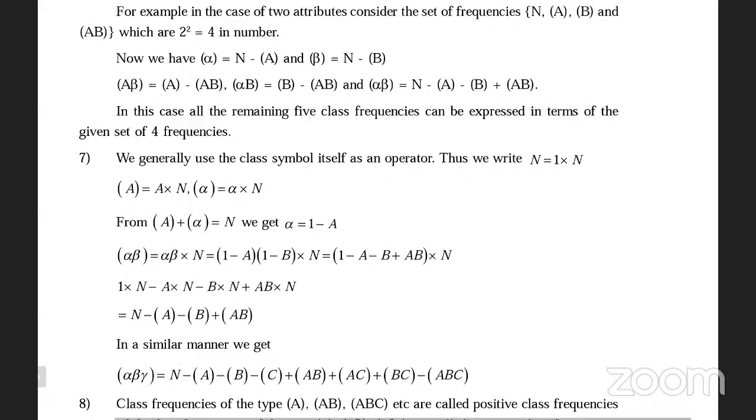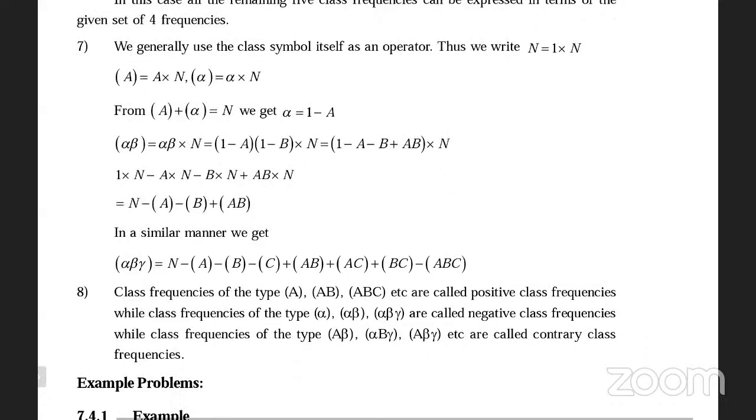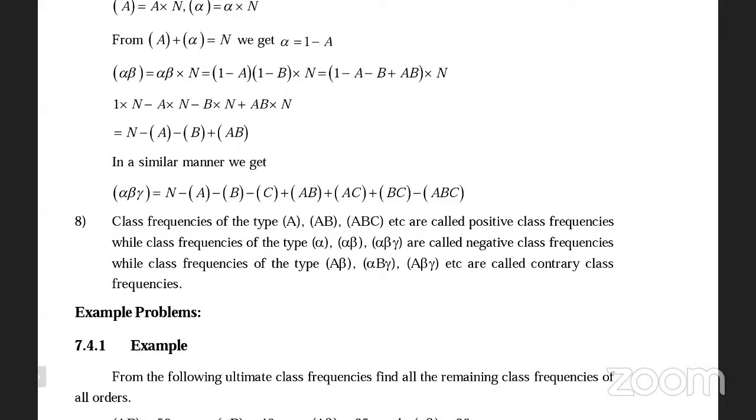Next, for a 3 order classification, alpha beta gamma equal to N minus A minus B minus C plus AB plus AC plus BC minus ABC. This is the formula we already have for A union B union C. Next, A, AB, ABC are called positive class frequencies.